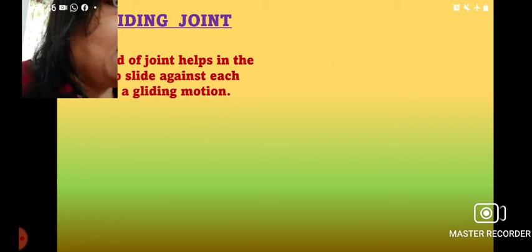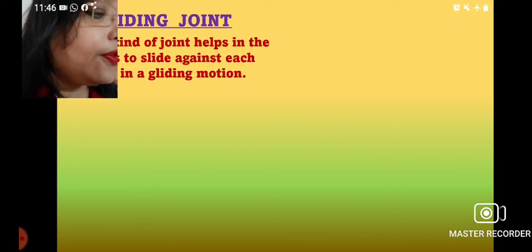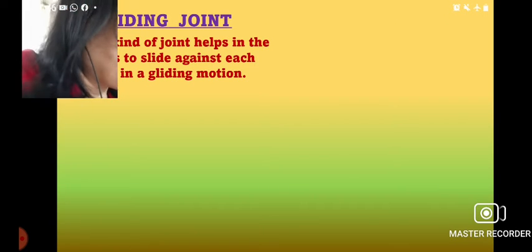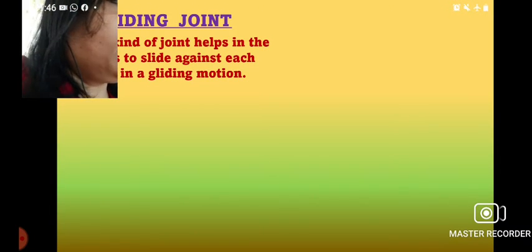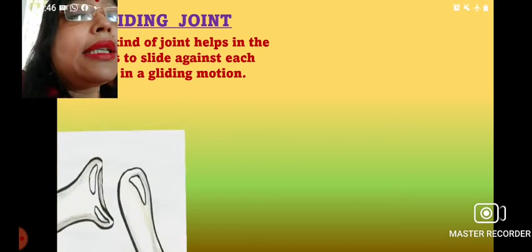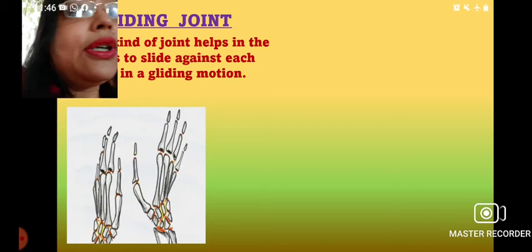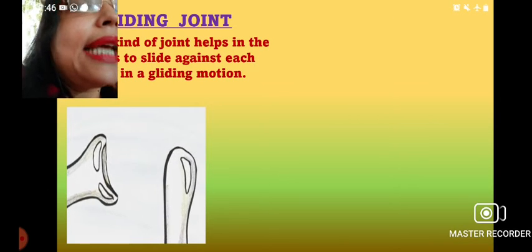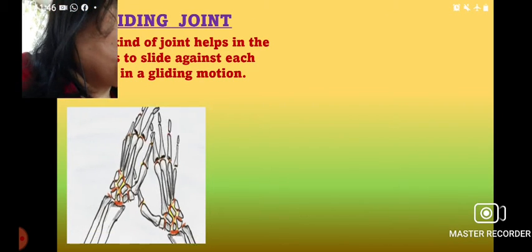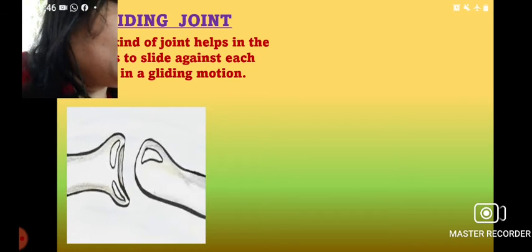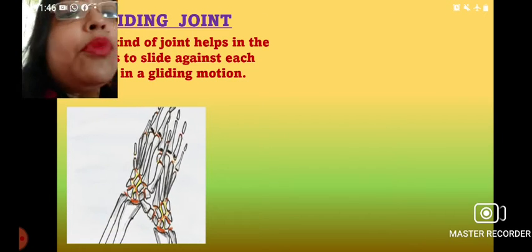Okay, next one is the gliding joint. So what is the gliding joint? This kind of joint helps the bones to slide against each other in a gliding motion. The joints in the bones of the wrist or the ankle are gliding. In other words, these bones slide against each other in a gliding motion.